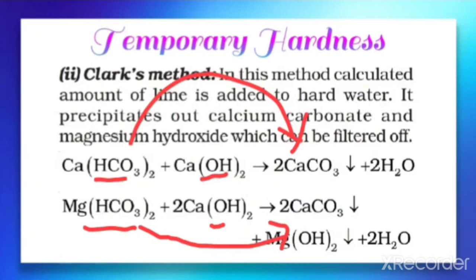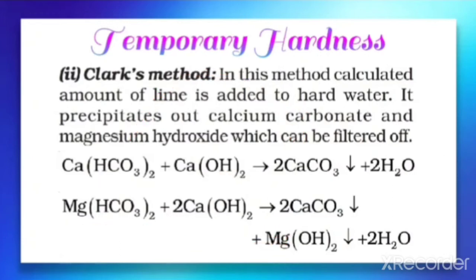These get precipitated out as calcium carbonate and magnesium hydroxide. The symbol for precipitation is the downward arrow, as you can see here, representing that precipitates are formed.